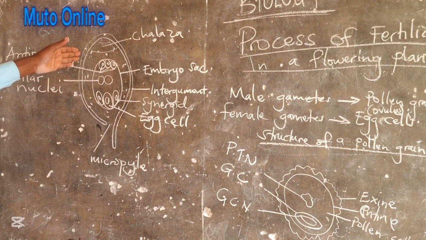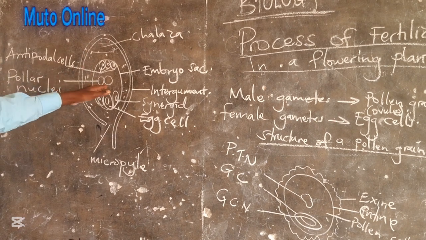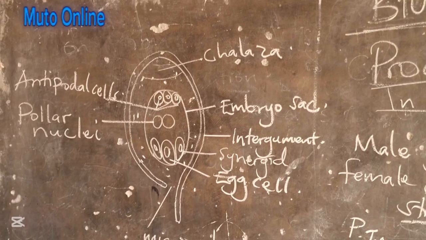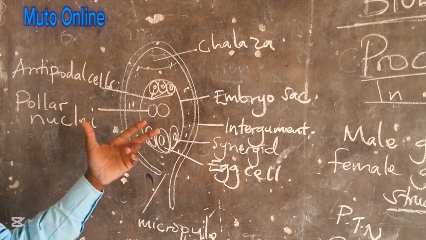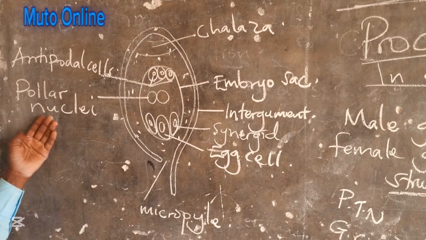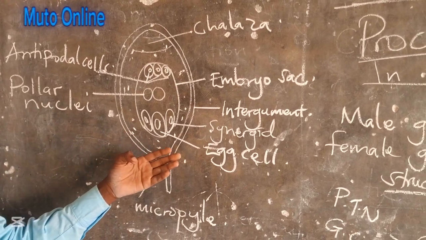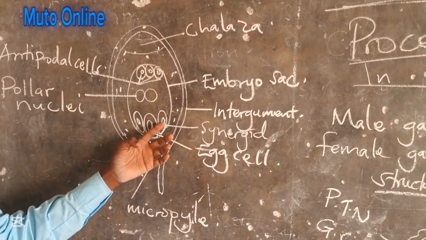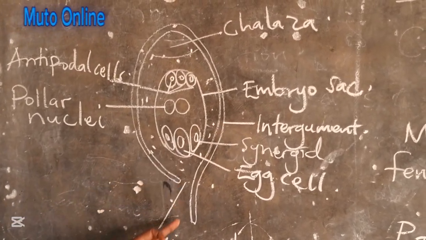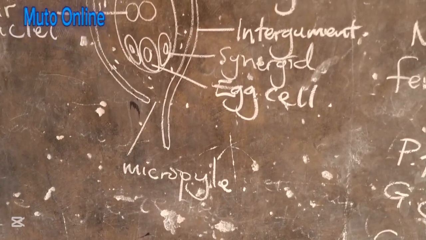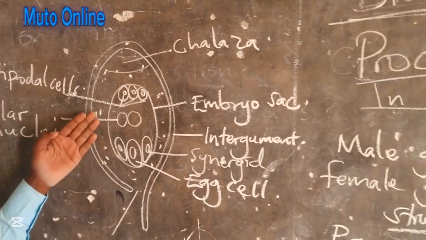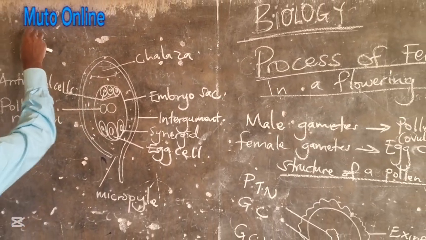So these are the things that make up the ovule: the integuments with a micropyle at the opening, the chalaza, the embryo sac, the antipodal cells, the polar nuclei, the egg cell, and the two synergids. So this is the structure of an ovule.